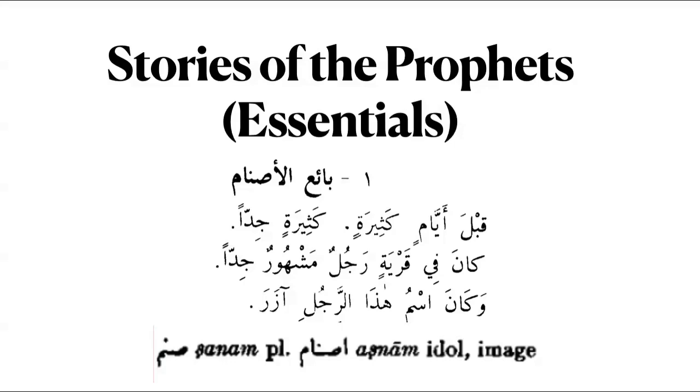The root would be Sad, Noon, Mim. Sanam. And Sanam, as we see below, this is an entry from the Hans Wehr. Sanam, plural Asnam, means idol or images. The seller of idols. And so this is a chapter heading, the seller of idols. This is the beginning of Qasas al-Nabiyyin.